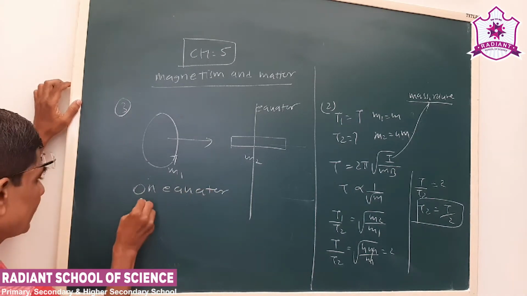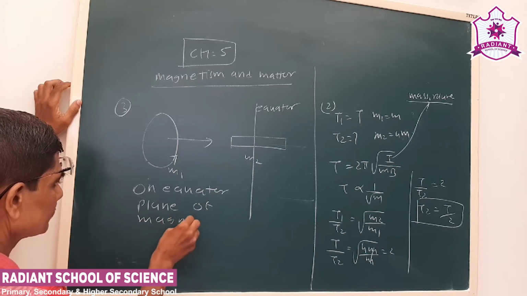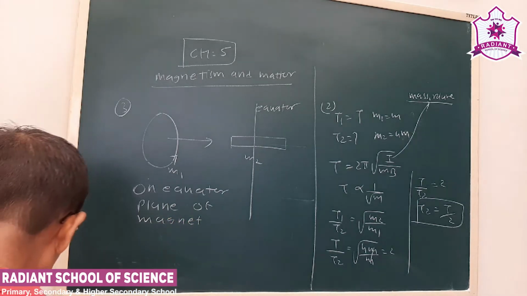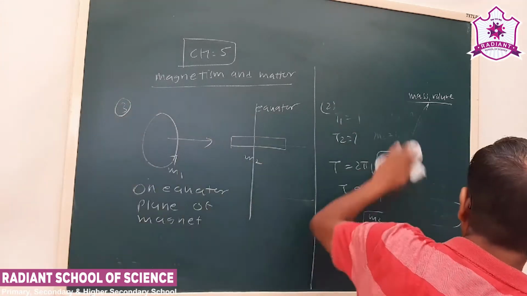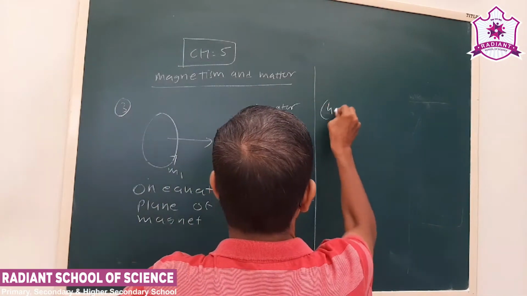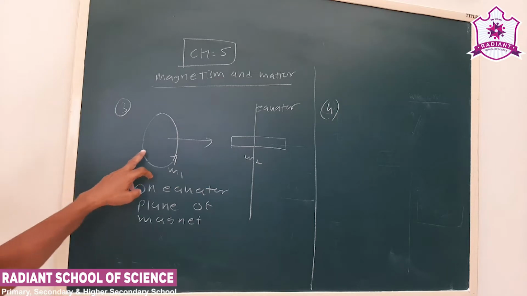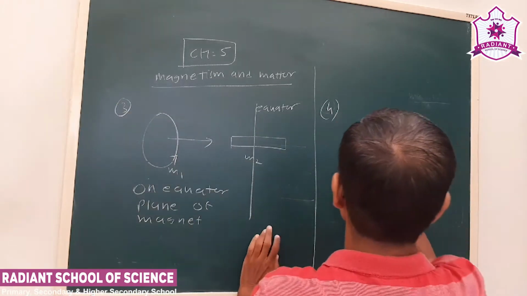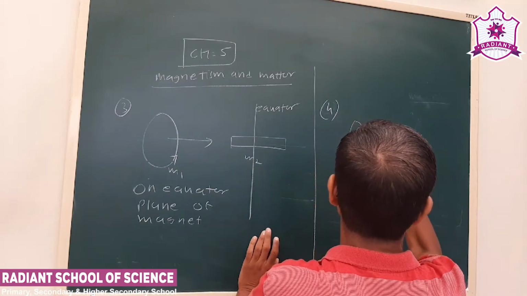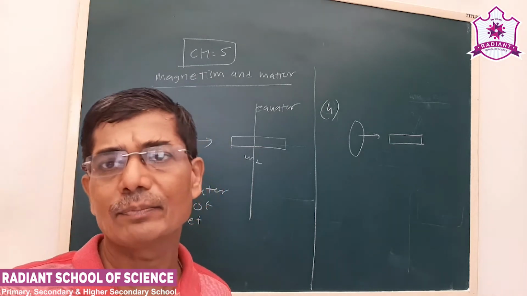Plane of the magnet. Now the next question is related to this only. When a current carrying loop is replaced by the equivalent bar magnet, they have the same dipole moment.